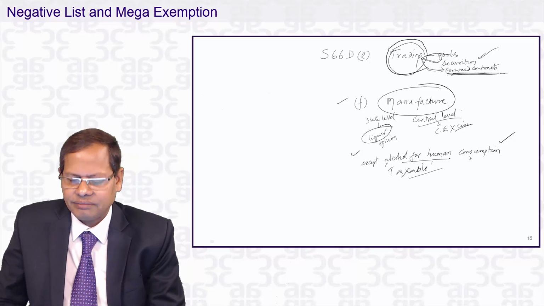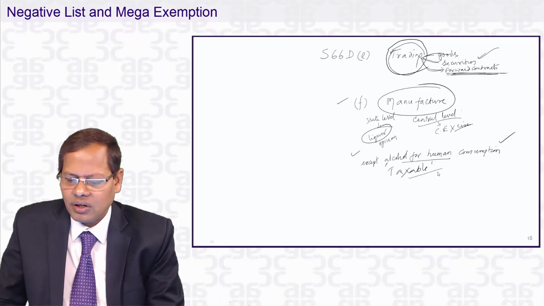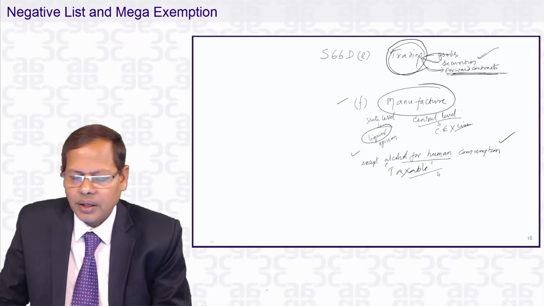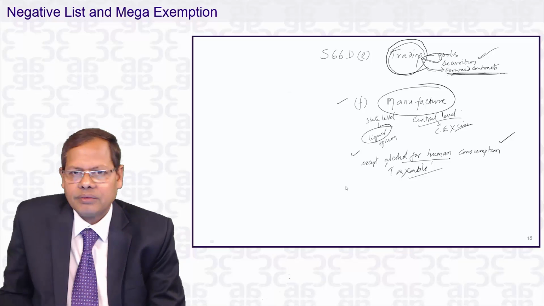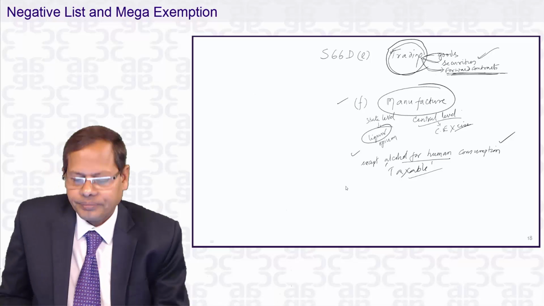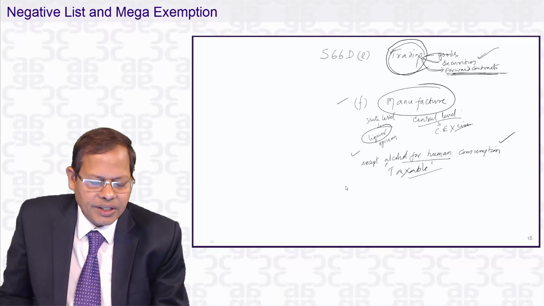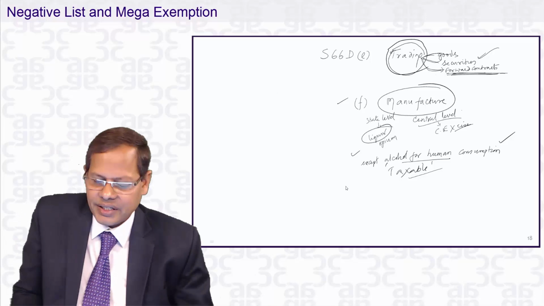So now they are opening it. Now they will impose service tax on alcohol related activity also, like in potable liquor, means for drinking purpose. Alcohol for human consumption. But with this, they have also removed it from the mega exemption for job work.